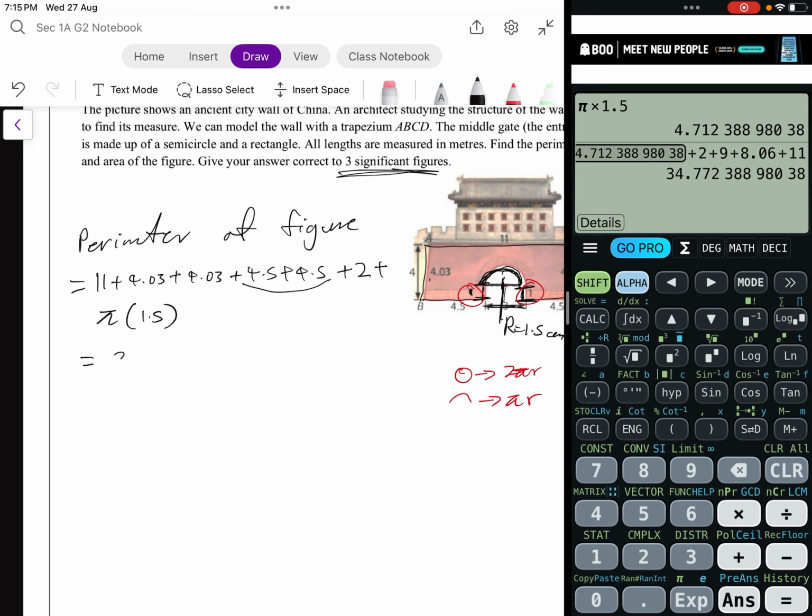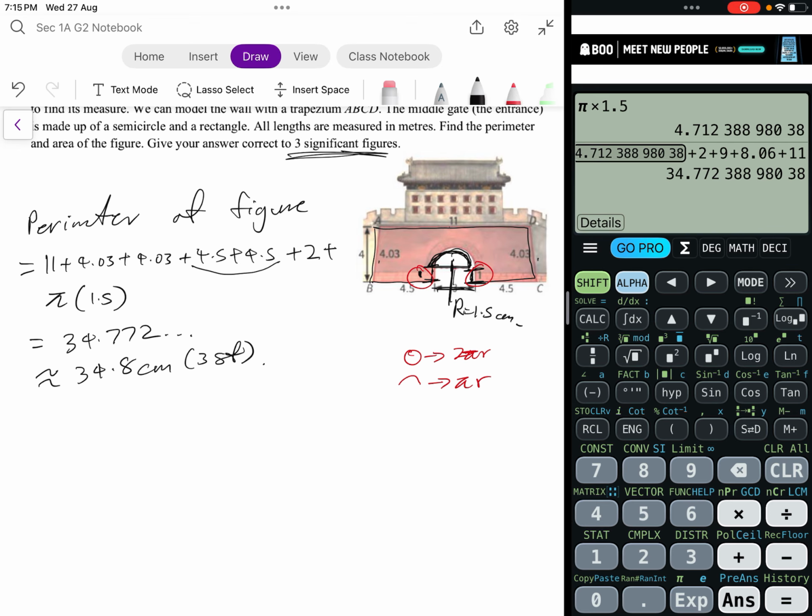And we should get 34.772. Round to 3 significant figures, 34.8 cm. Then they want you to find the area.